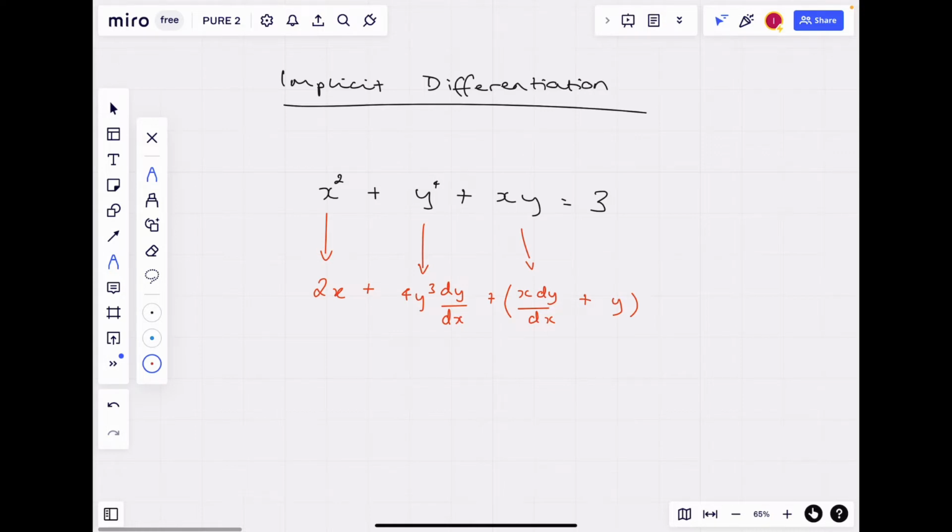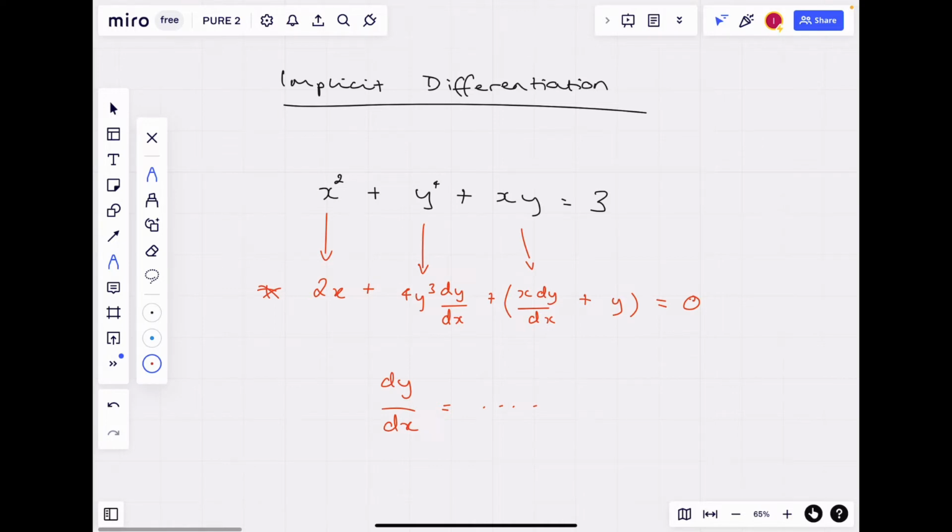Okay, when you differentiate 3, you end up with 0. From this point, all you have to do is rearrange that function. So from here, you have to rearrange it to make dy by dx your subject.